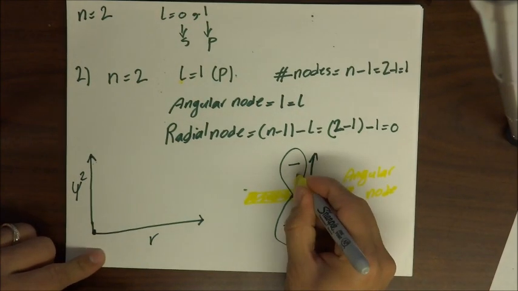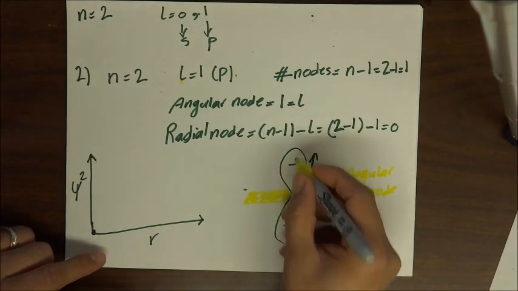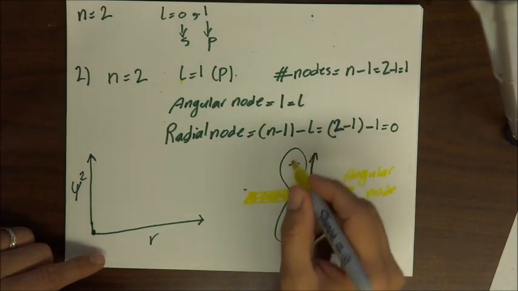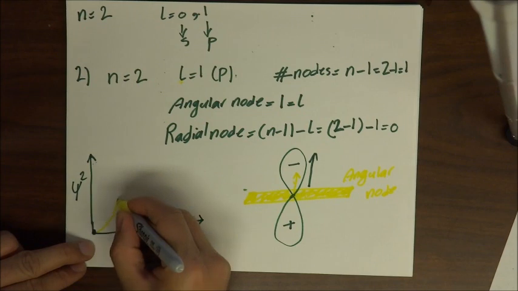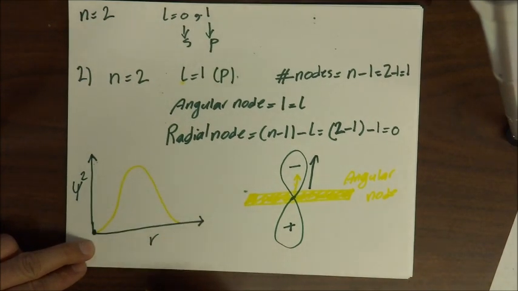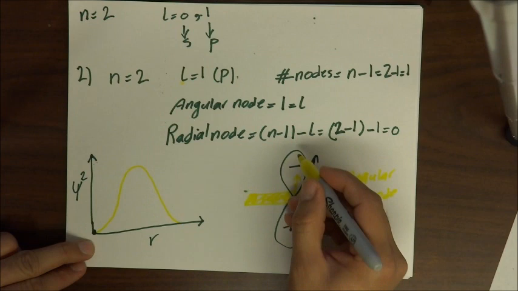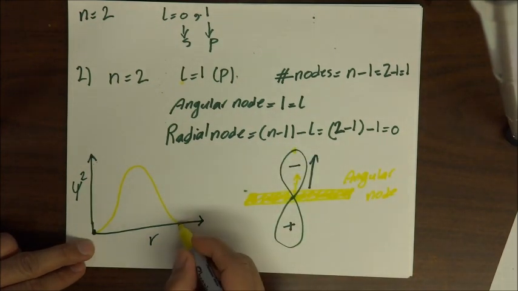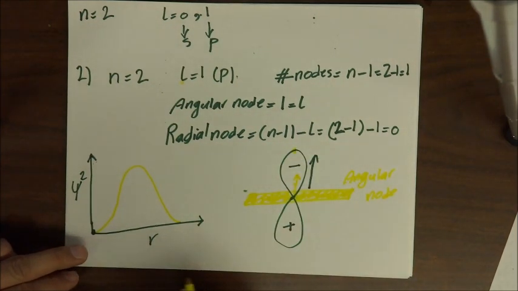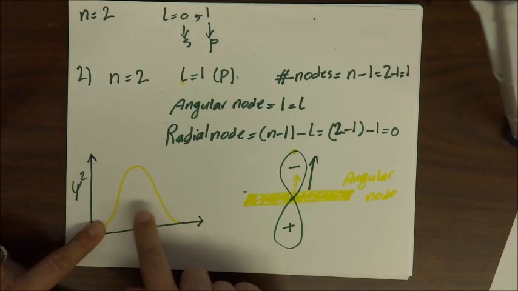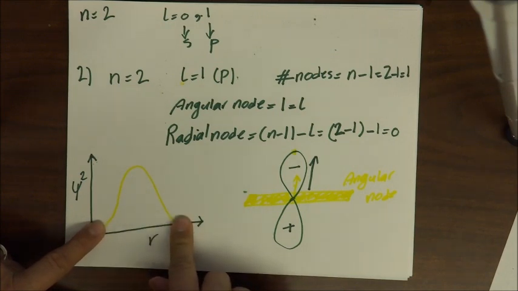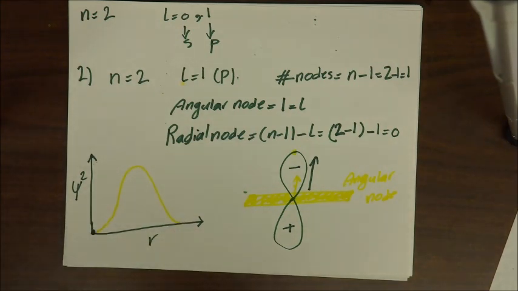And second, as you move inside this lobe, you leave the nucleus and start to build probability, so it will go up, then again goes down until you reach the end of the orbital, where we don't have probability. We don't have a radial node, so if I cover the initial and last point, I don't see any crossing point, and there is no crossing. So there is no radial node.